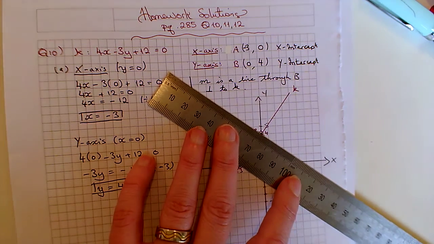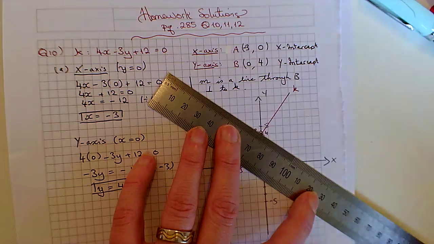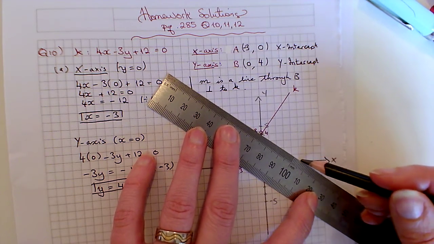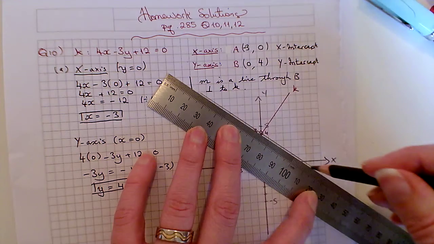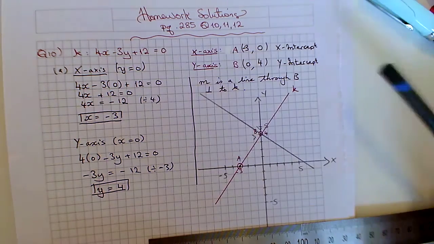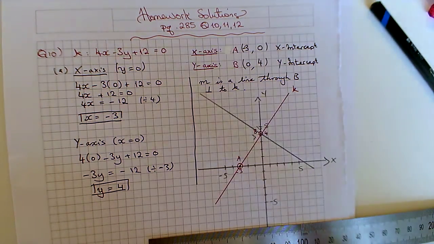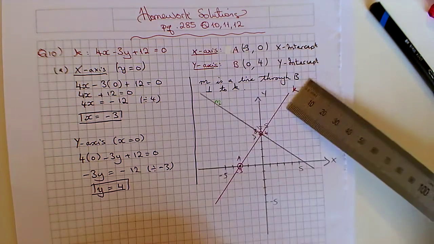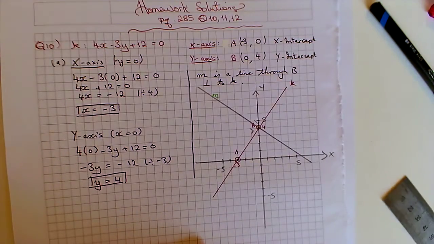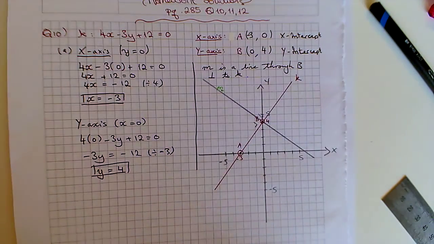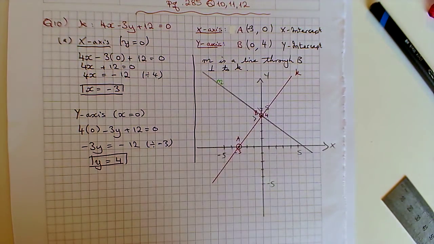We don't know any other information, only that it's perpendicular to the line K. It can be hard to accurately draw a perpendicular line. With a set square in your geometry set, we want a 90-degree angle here, and this is the line M. My line K and my line M, they're perpendicular to each other, and they both go through the point B, which is at 4 on the y-axis. So that's what we were asked to do for part B.